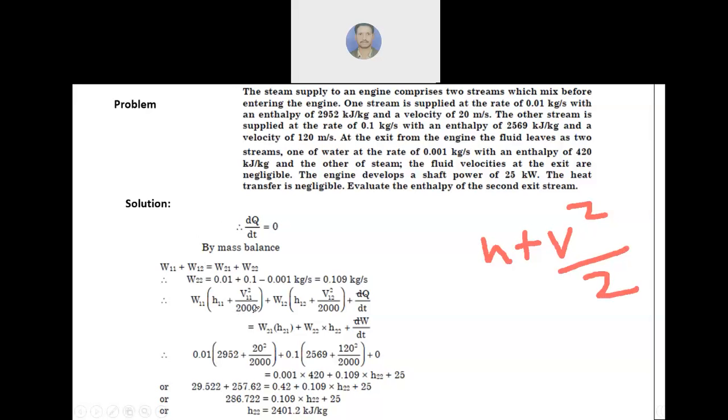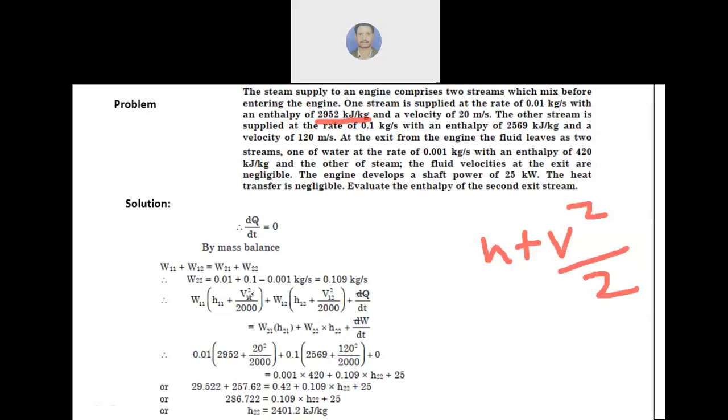And one more important point. Enthalpy is written in kilojoule per kg. So multiply with kg outside; this is kg per second. Multiply this, and you will get kilojoule per second.